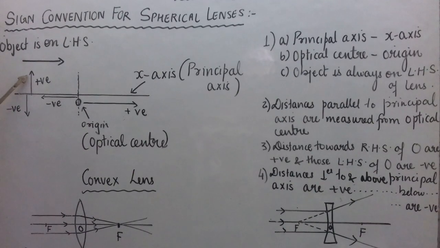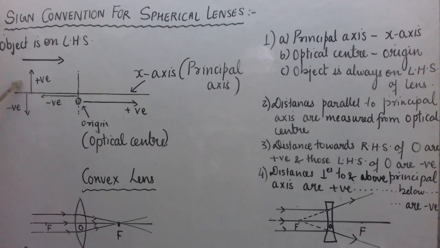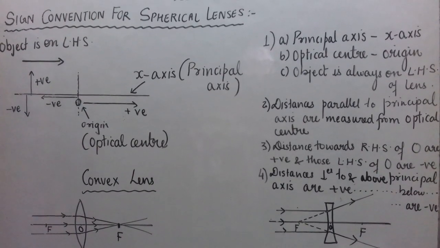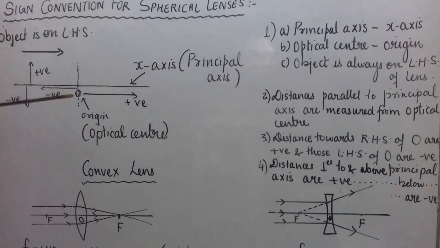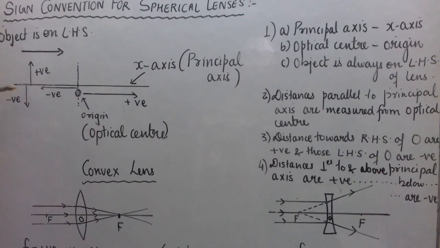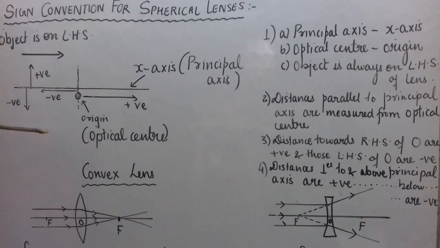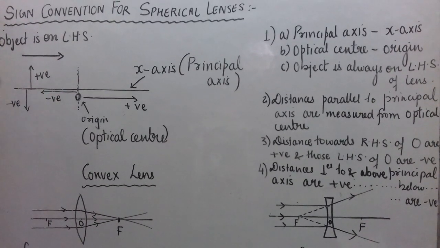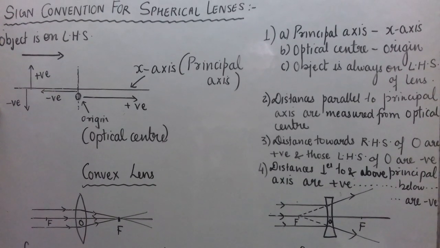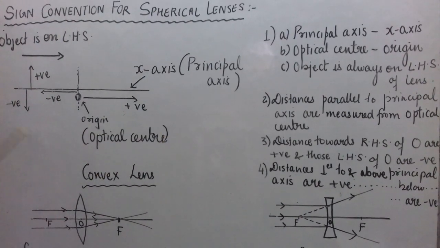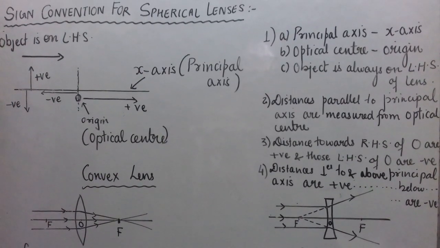So all the distances which are measured perpendicular to the principal axis and are above it are taken as positive, and the distances which are perpendicular to the principal axis and lie below it and are measured below it are taken as negative. I hope this figure represents all the points of sign convention.